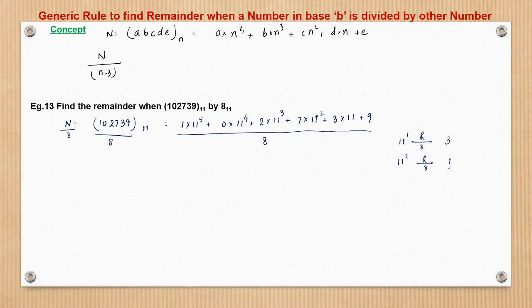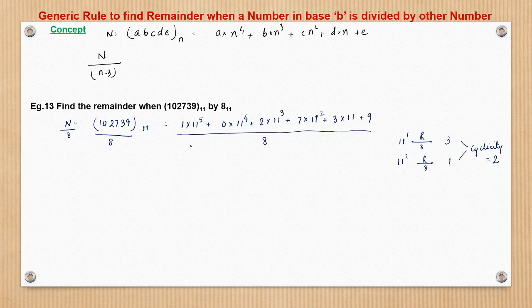So since 1 has come, the cyclicity is 2 here. We are trying to find the cyclicity of the powers of 11 when divided by 8. So here we can say that the cyclicity is 2 because at the second power we have got 1.